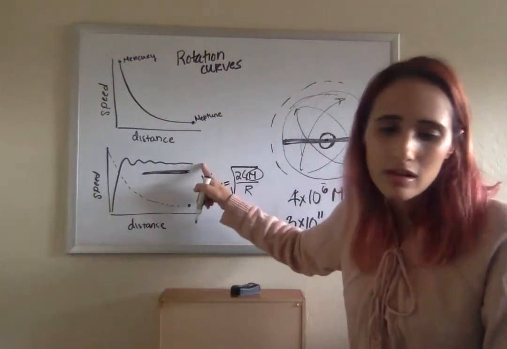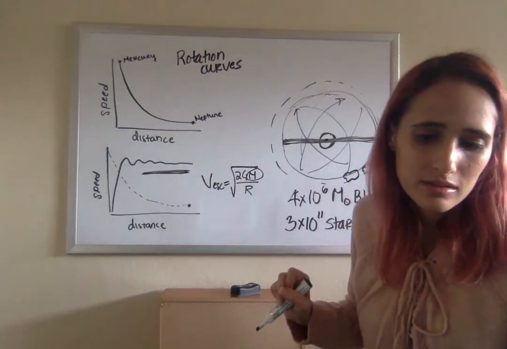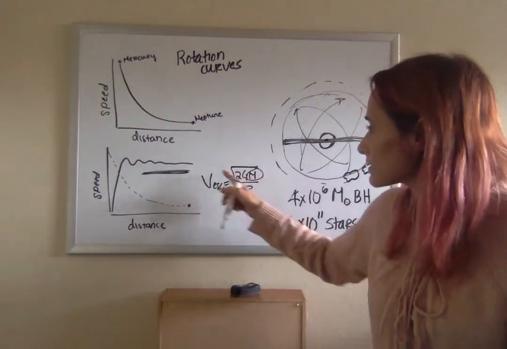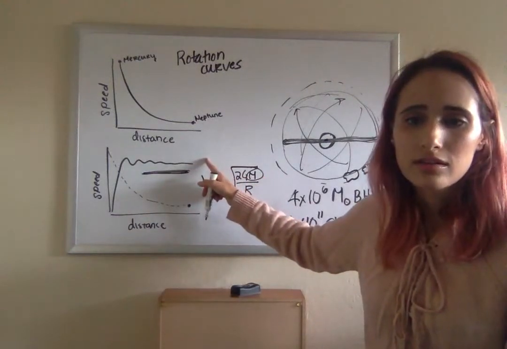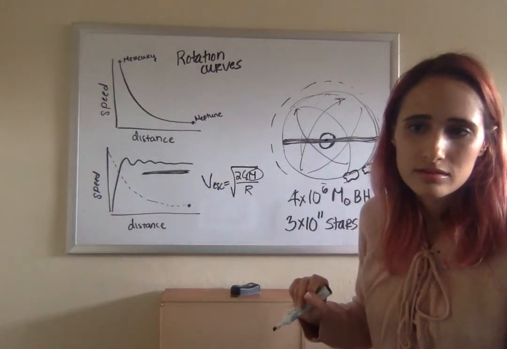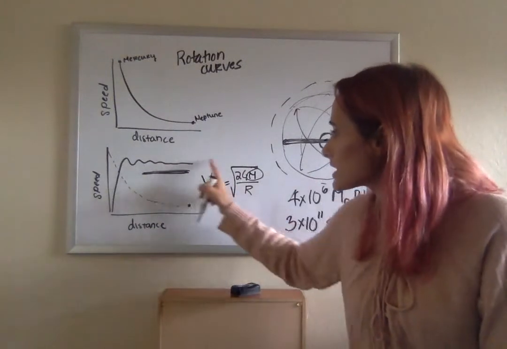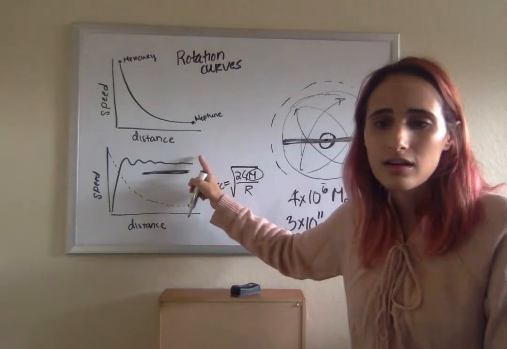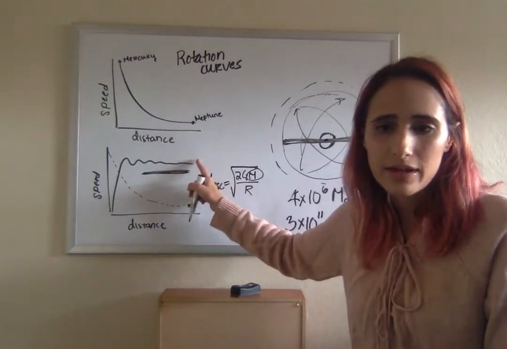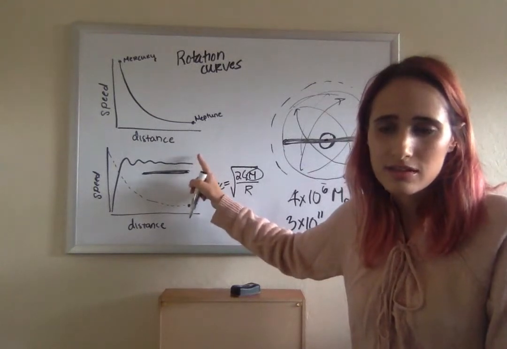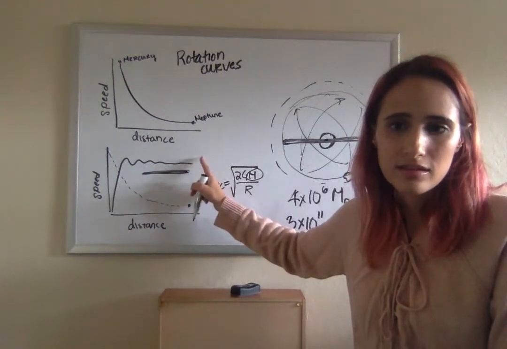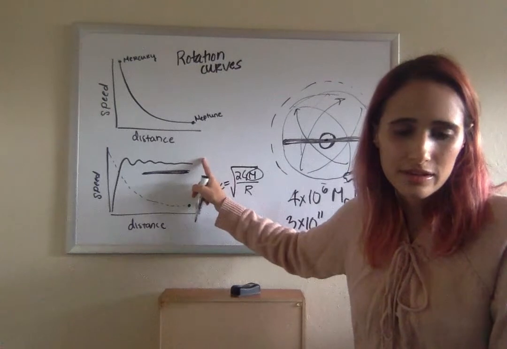But they're going a lot faster than we think they would. So we know that the mass of the galaxy is a lot greater than it looks like. So this rotation curve tells us that stuff at a high radius from the center is going faster than we would expect. So there's more mass in the galaxy than we initially calculated.